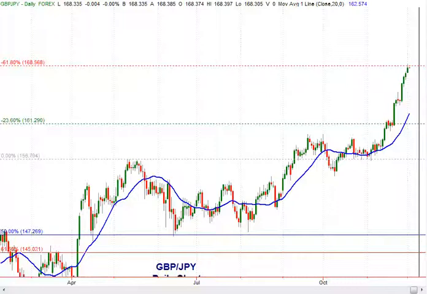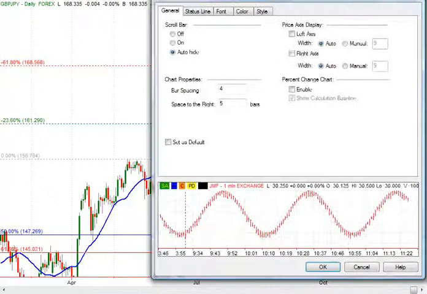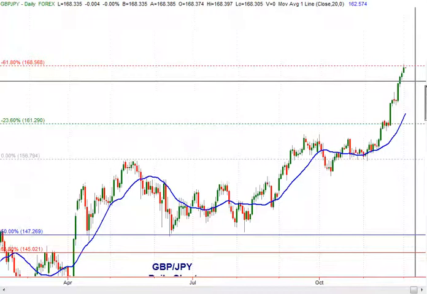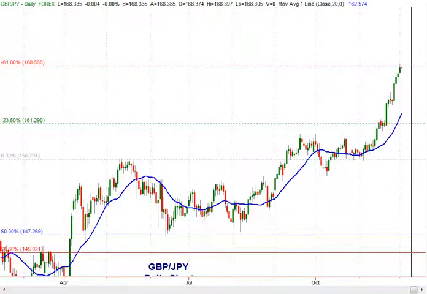Now I'll be very, very careful at this moment. This price here is a profit-taking spot, so I do not anticipate, and I do not want you, to enter long this market at these levels.